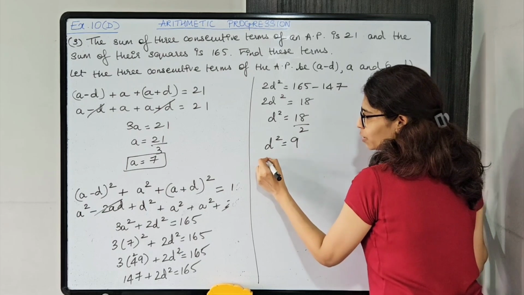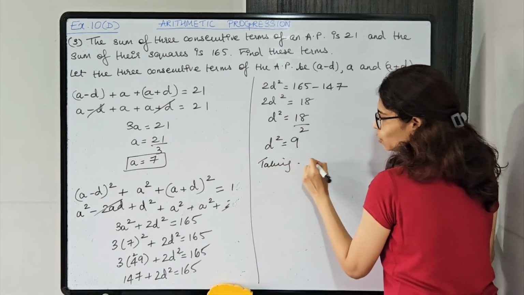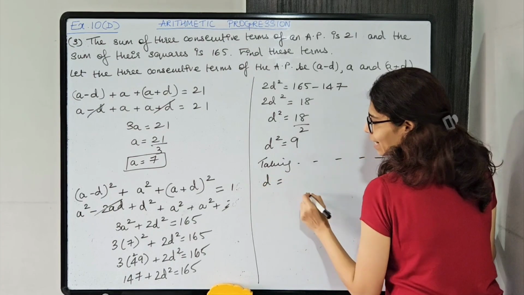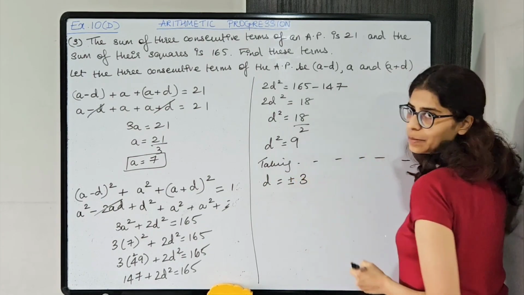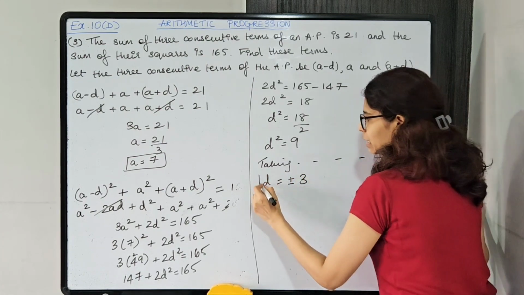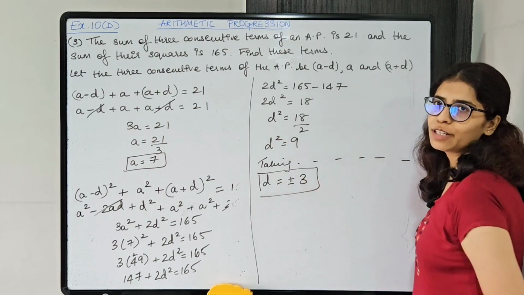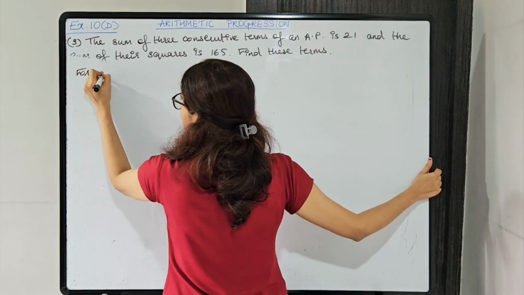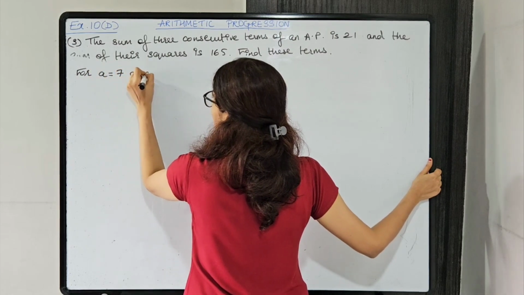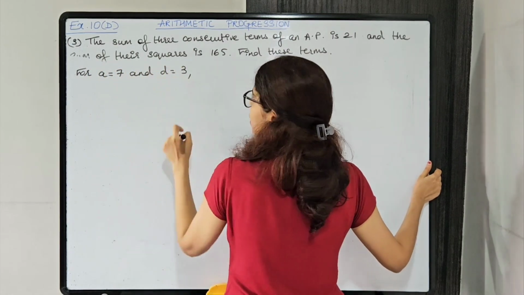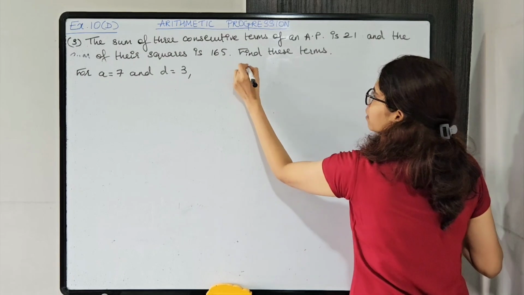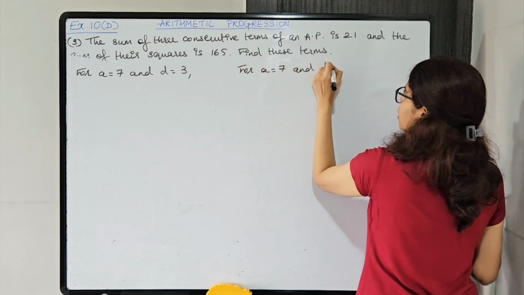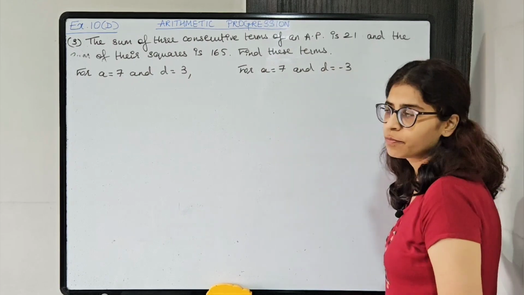Taking square root on both the sides, you'll write down the statement. Taking the square root, D square becomes D and the square root of 9 is plus or minus 3. Okay, so again 2 possibilities, 2 APs will be found. Let us find out. For A equals 7 and D equals 3, you will get 1 AP, and for A equals 7 and D equals minus 3, another AP.